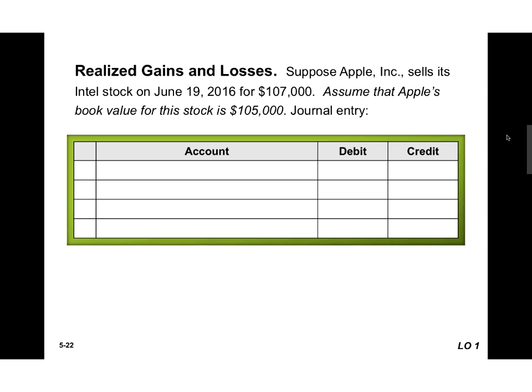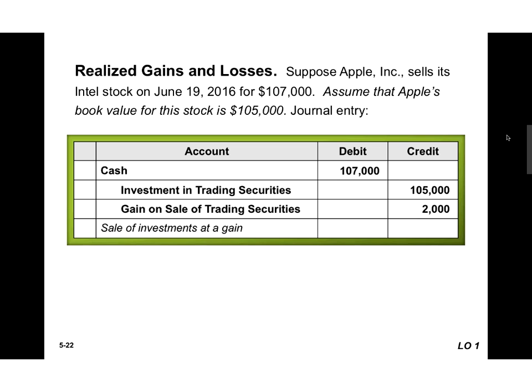So that's where the 105 came from. It's an assumption. So we sell it for 107, so we're getting cash in. We're going to credit the investment for 105 because that was its carrying value, and then the difference is gain. Notice it just says gain on trading securities, and it's different from the account that says unrealized. If it says unrealized, we still own it.